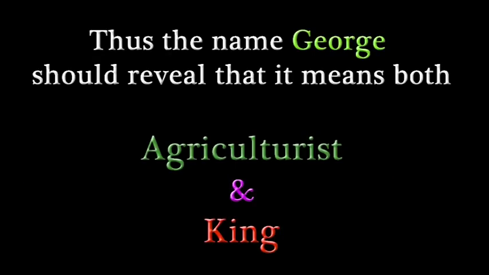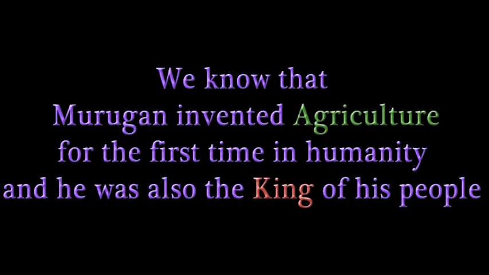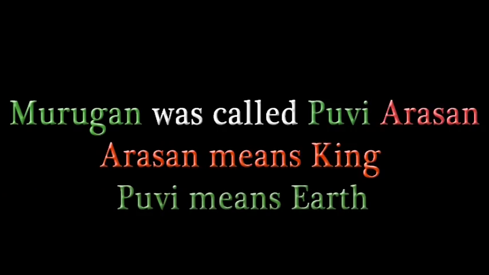Thus, the name George should reveal that it means both. We know that Murugan invented agriculture for the first time in humanity, and he was also the king of his people. Obviously, Murugan was called Puvi Arasan. Arasan means king. Puvi means earth in Tamil, and it actually originated out of agriculture, as we would see soon.